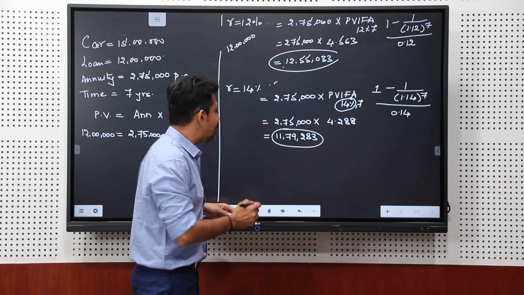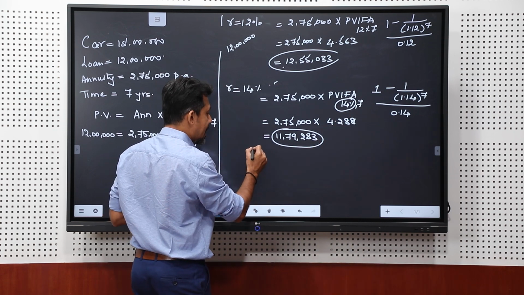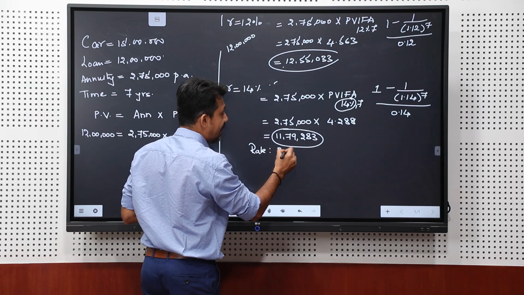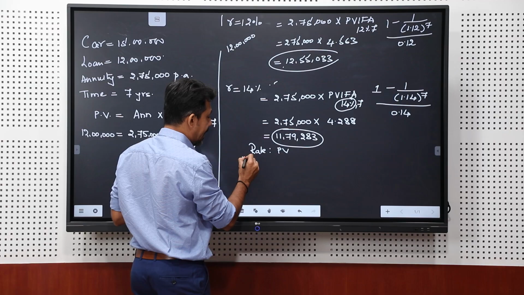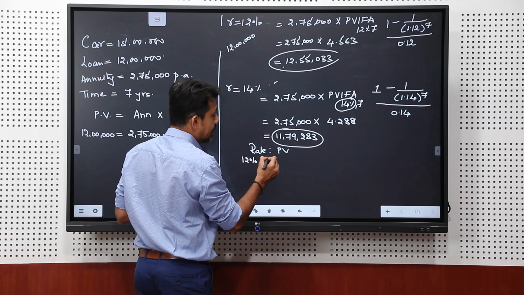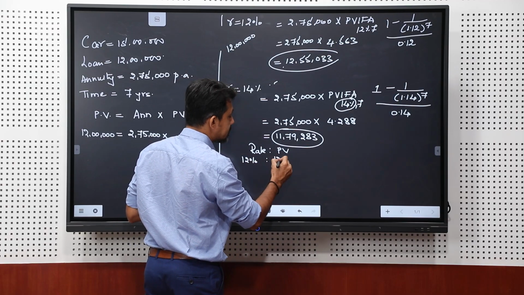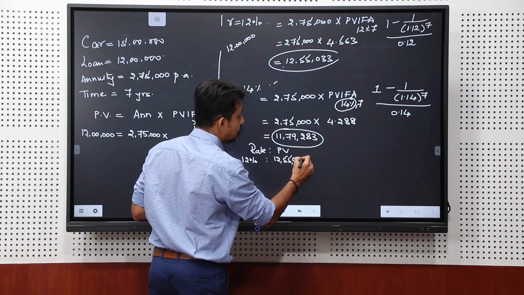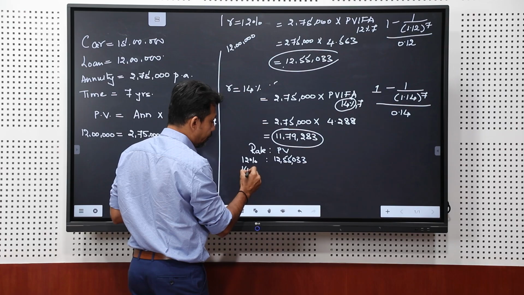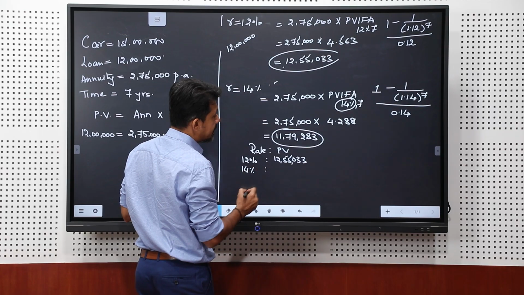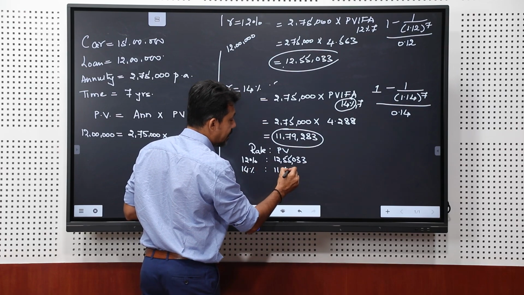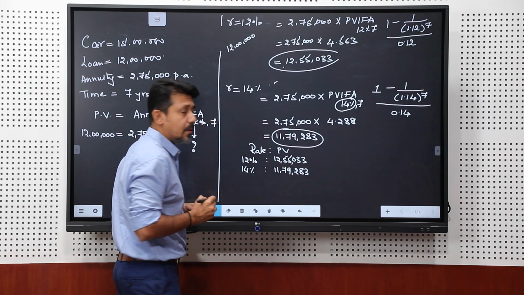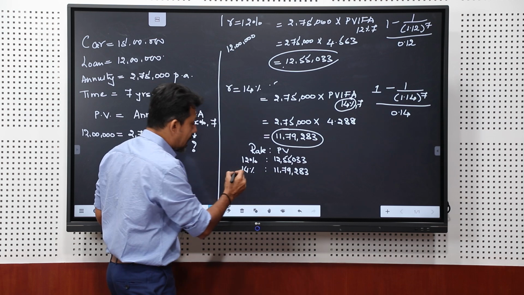Let's do some simple math now. If I were to say rate is to present value, at a rate of 12%, the present value that I got was 12,55,033, and at a rate of 14%, the present value that I got was 11,79,283. Let's do a delta or a change.